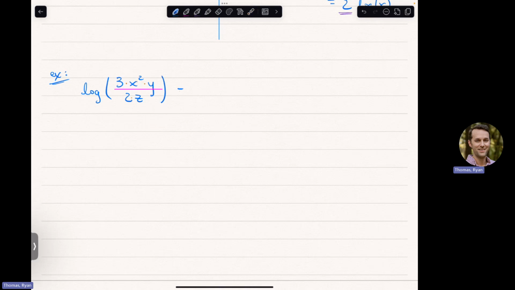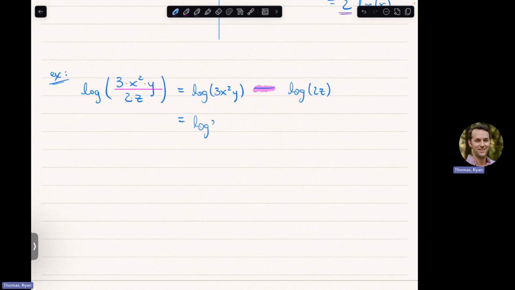So what I'm going to do is start expanding this. The thing I'm going to do first is deal with that division using the quotient rule from up above. So that turns into minus the log of 2z. And then I'm going to look at smaller pieces, right? So this has some multiplications.